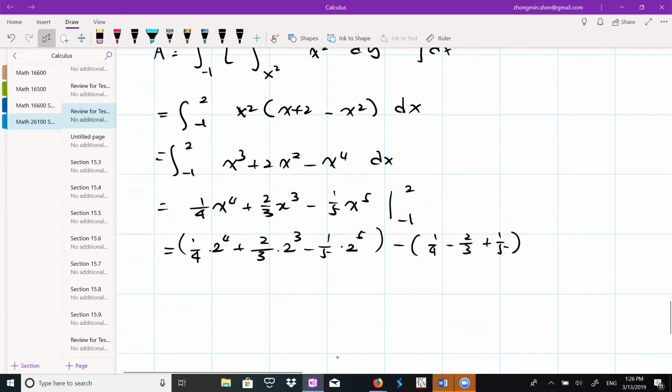So clearly I can take 2 to the fourth power out of the first one. So I get a quarter plus 1/3, okay, minus 2/5. Yes. Okay, let's quickly do the computation.